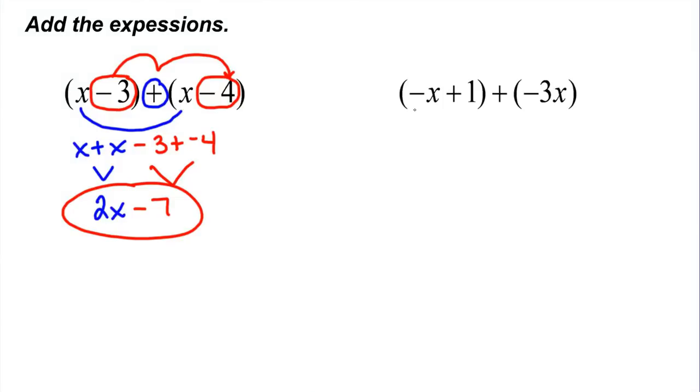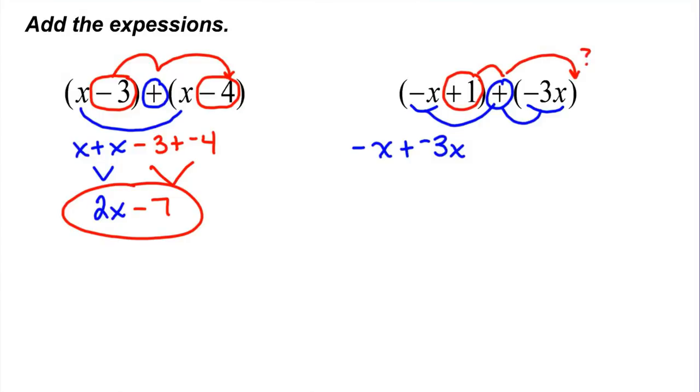The next example, x's are in both of these expressions, so I'm going to be combining those. I'm going to apply that plus sign in between, so it's negative x plus negative 3x. And then there's a constant in the first expression, but there is no constant in the second expression, so it's basically like adding 0.